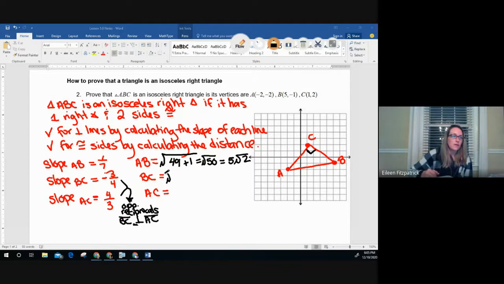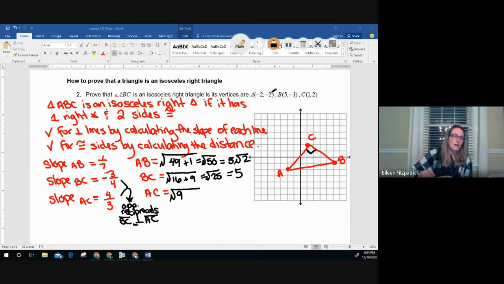For BC, from B to C, differences of the x's, 5 minus 1 is 4. 4 squared is 16. Differences of the y's, -1 minus 2, that's -3. -3 squared is 9. So 16 and 9 gives you 25. Square root of 25 is 5. And A to C, the difference of the x's, -2 minus 1, that's -3. -3 squared is 9.